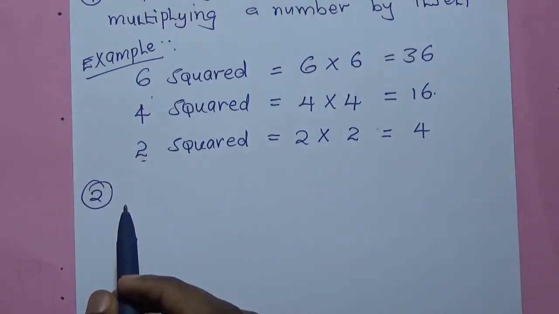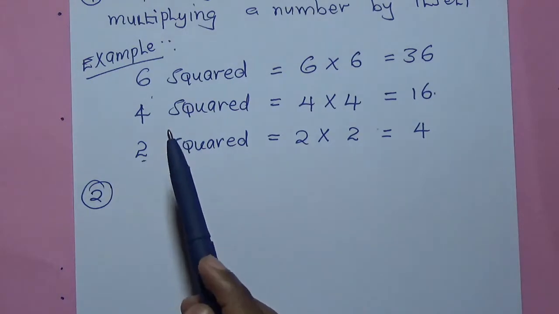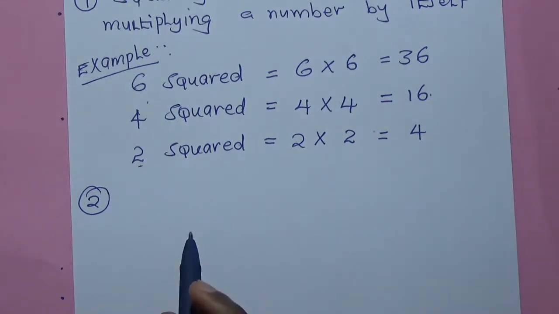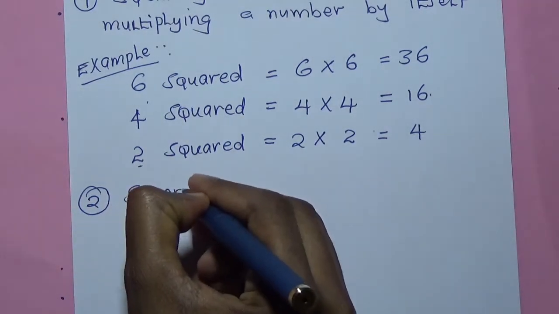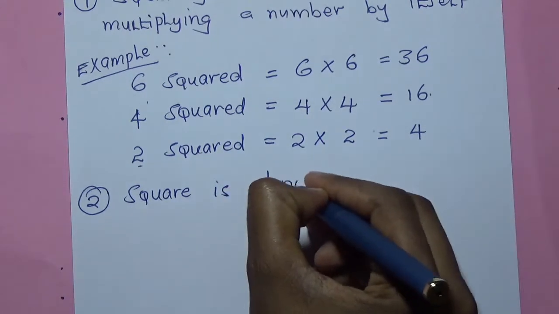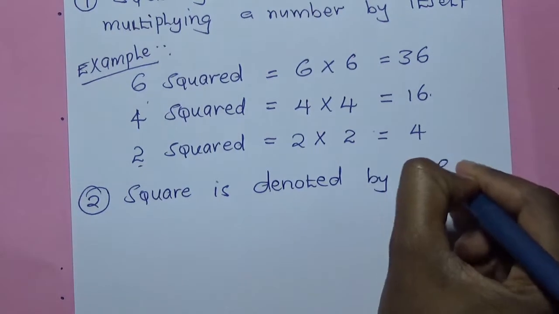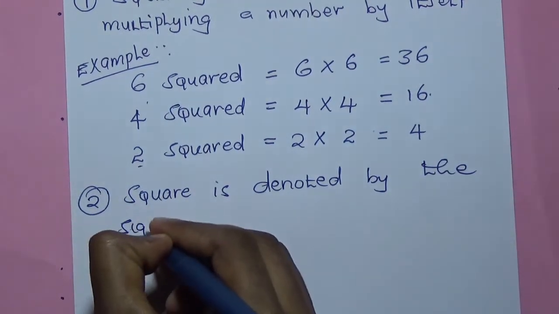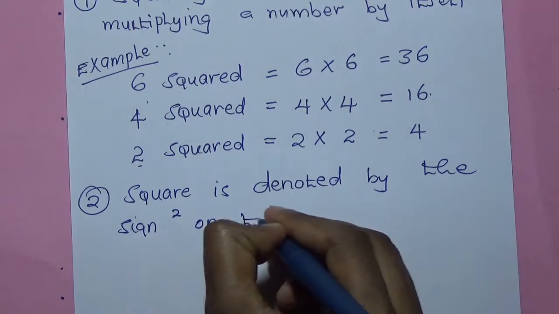I want us to know the sign which is used in squaring or which is used in squares. Now, square is denoted by the sign 2 on top of the number.